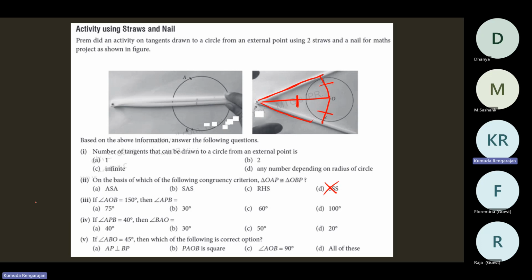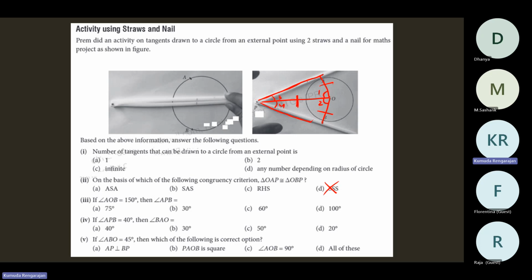Because here we are still at the stage that the tangents are equal in length. Once you understand that, after that, we can prove that angle 1 is equal to angle 2 and also angle 3 is equal to angle 4. Equal tangents are equally inclined. So angle 3 is equal to 4 and equal tangents subtend equal angles at the center. So angle 1 is equal to angle 2.